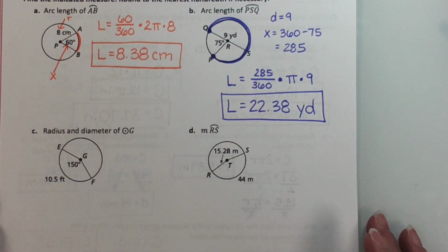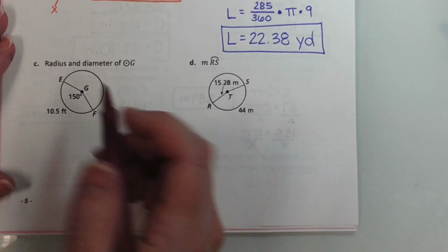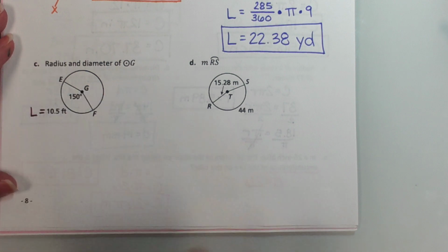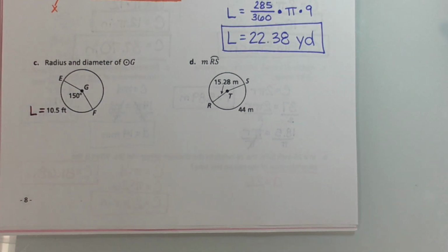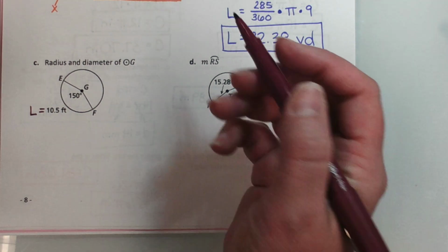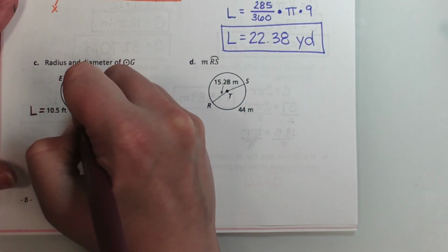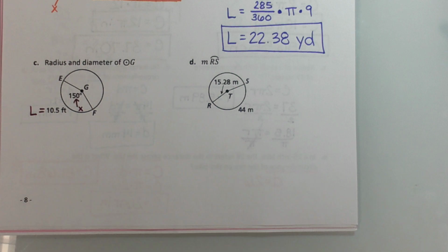No, arc length. That's an arc length. If you see something measured in feet, meters, centimeters, inches, etc. on the edge of a circle that's divided into parts, that is an arc length. The 150 is an X, a central angle.